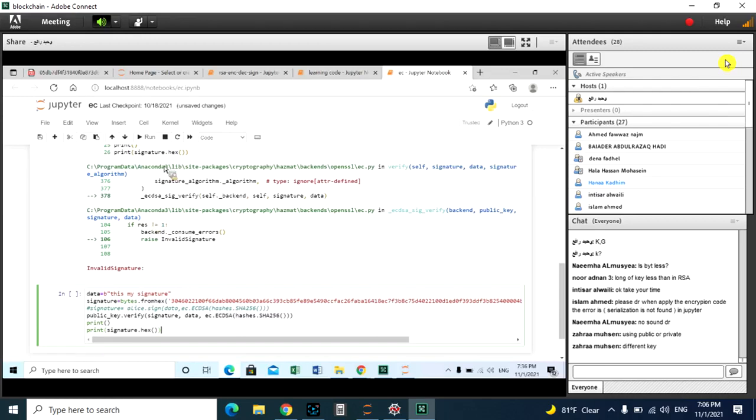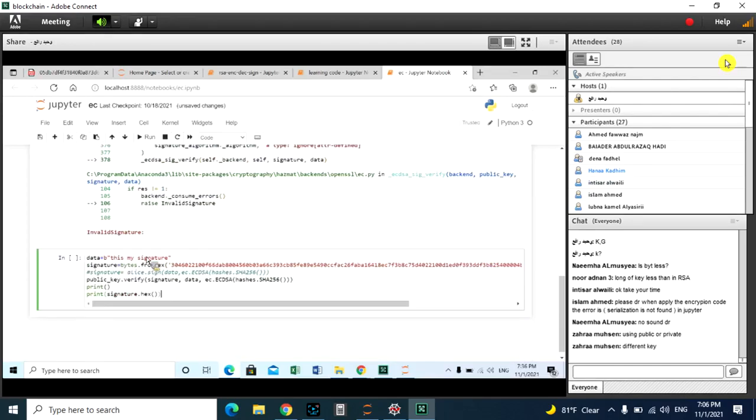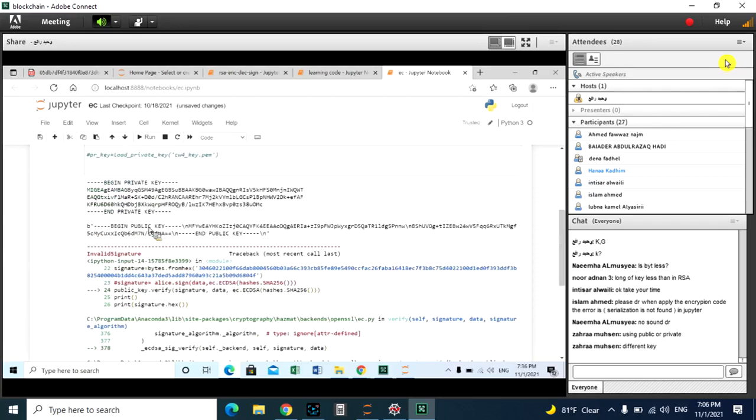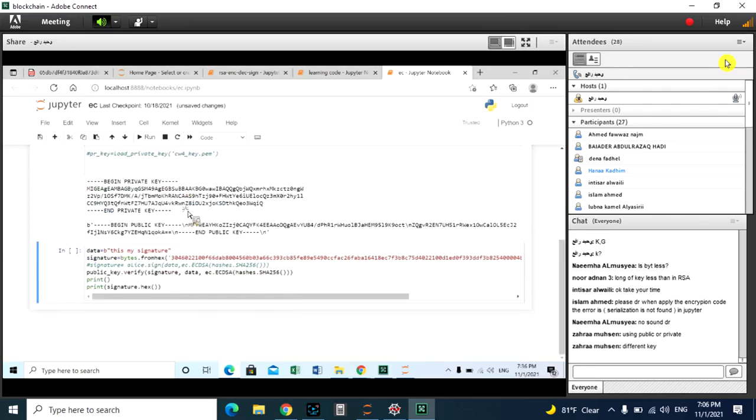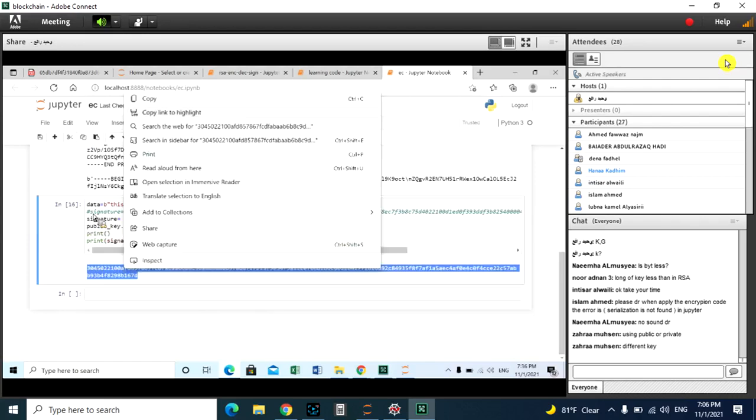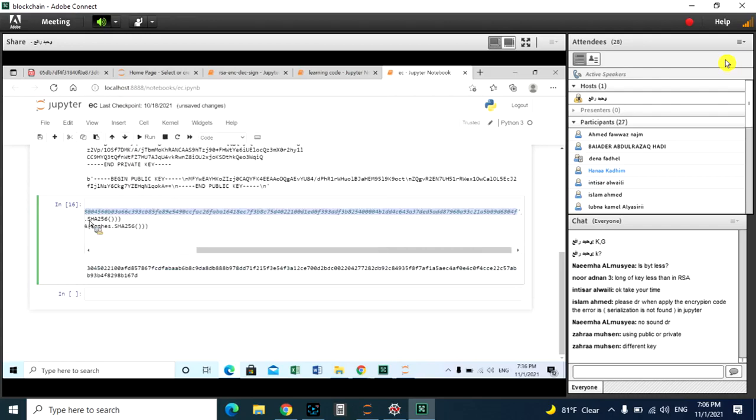So I run it, and this is the digital signature. I copy it and paste it here. And now I verify the digital signature. Okay, we don't need that.